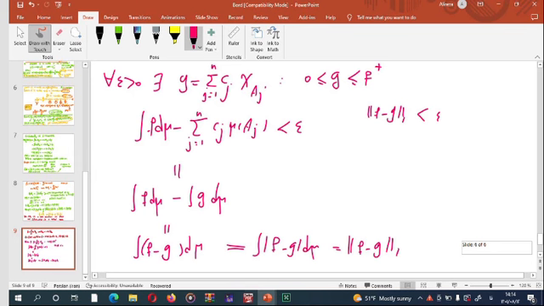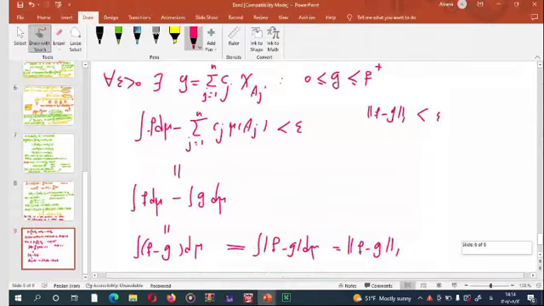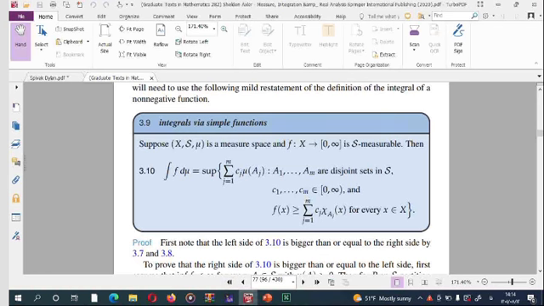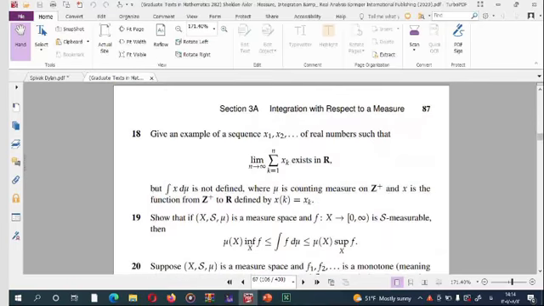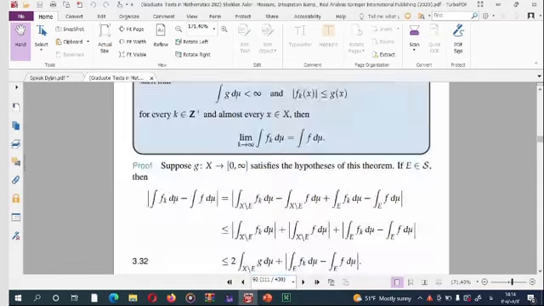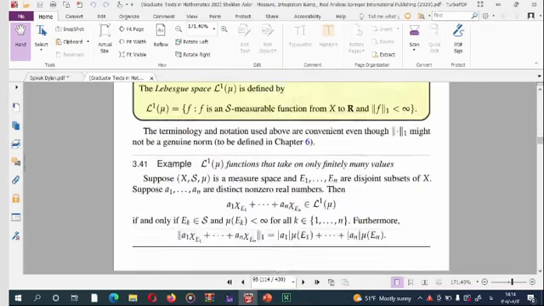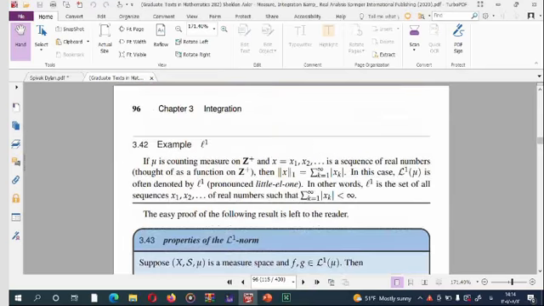Okay, this leads to these properties, and we use these propositions, okay.